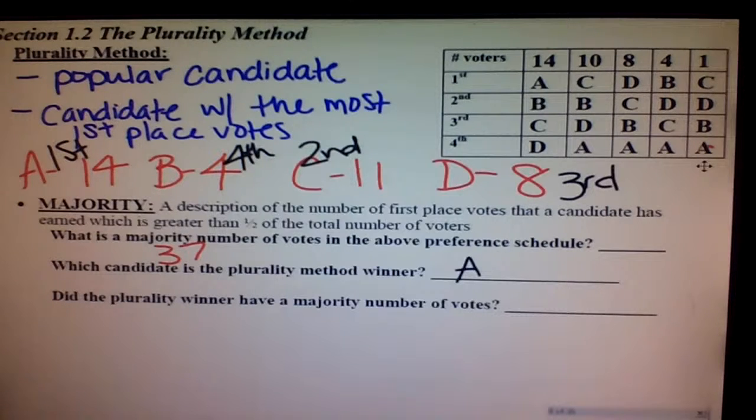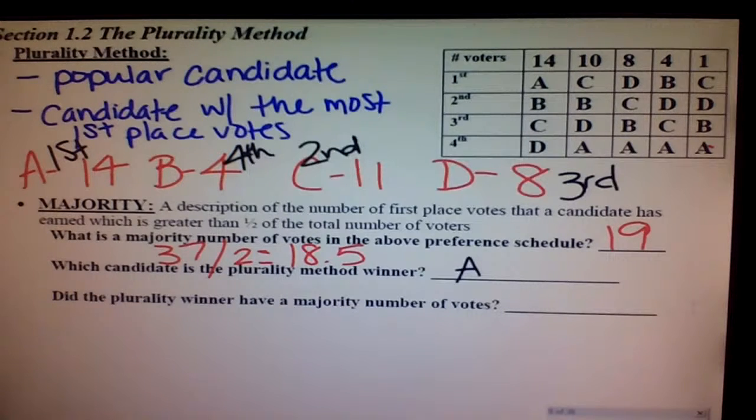Divide by 2. First thing I need to find is how much is half? 18.5. Good job. Okay, so 18.5 is half. So how many votes do you think we need for a majority? 19. I need more than that. So I need 19.